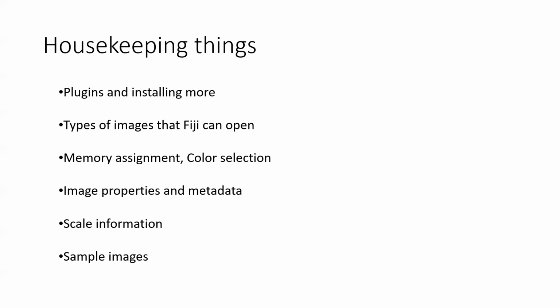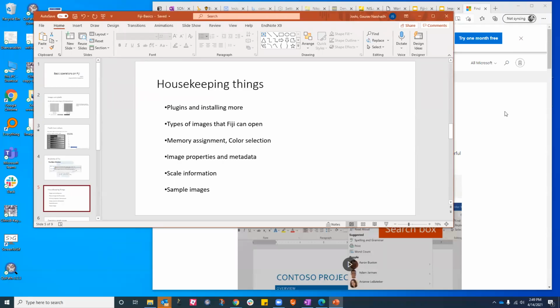It can preserve and read that metadata. So for example, if you want to put your scale into the image, you can read that. And Fiji also has a ton of sample images. If you want to play with some of them, they have plenty of sample images to play with. All right. So let's go through some of these things first.